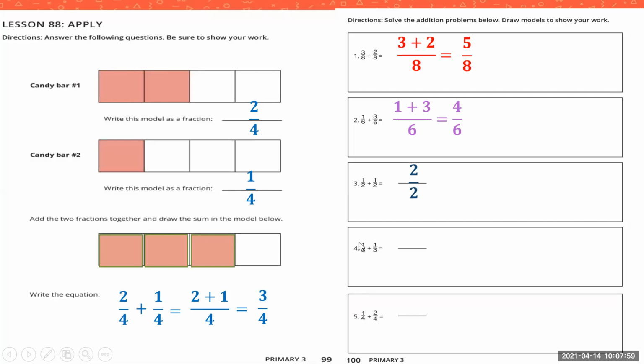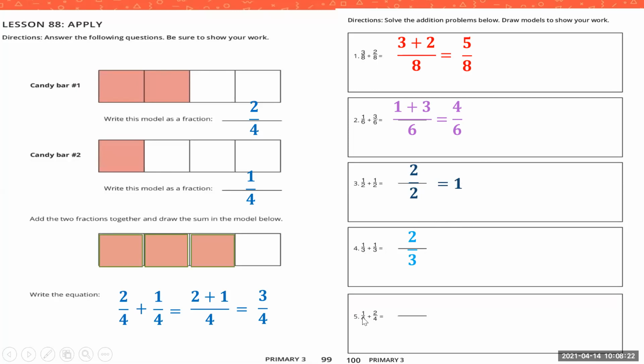Focus with me. 1 over 3 and 1 over 3. I have the same denominator, so I will put 3 and add 1 plus 1 equals 2. Here in the previous one, we have 2 over 2 equals what we said before. The whole one equals any number over itself. So 2 over 2 equals 1 whole.